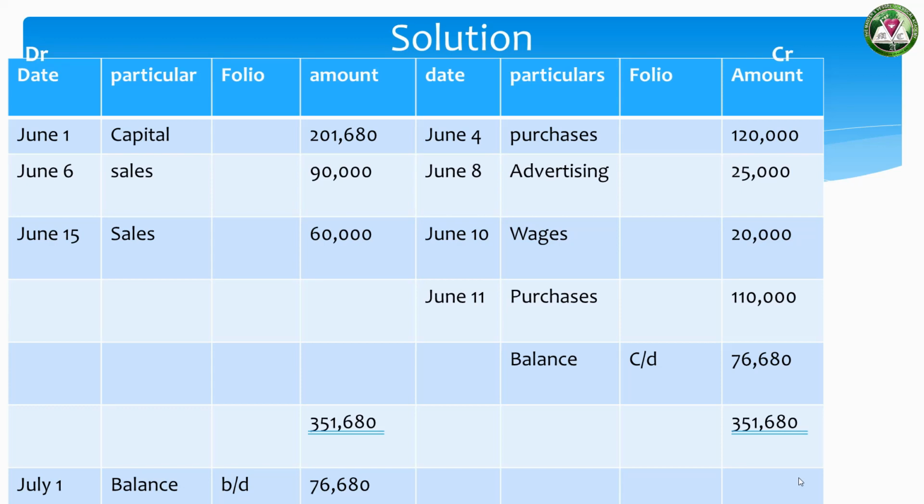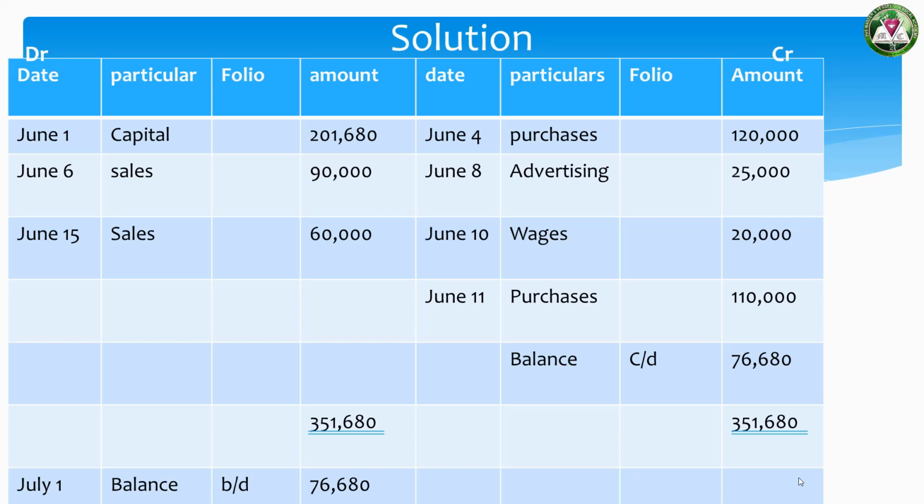Okay. Now let us calculate all the transactions. 201,680 plus 90,000 naira plus 60,000 naira will give us what? Will give us 351,680. You leave it. Then on the credit side, let us total the figures.